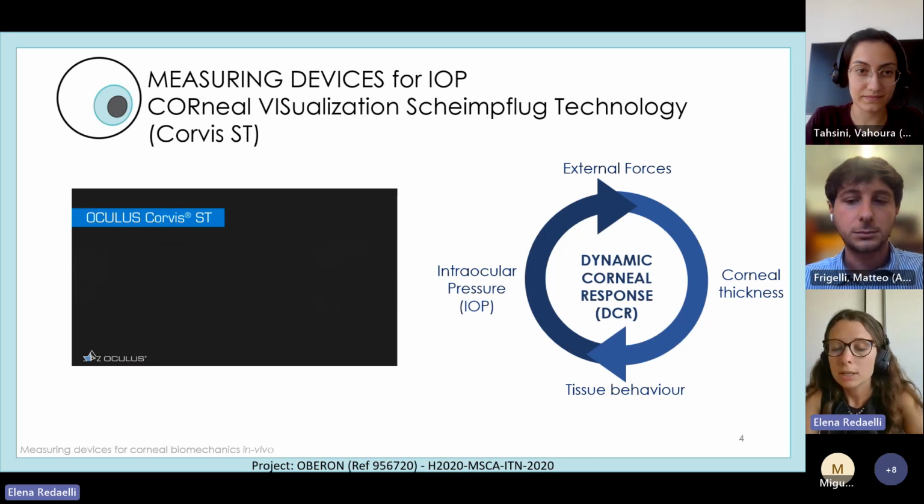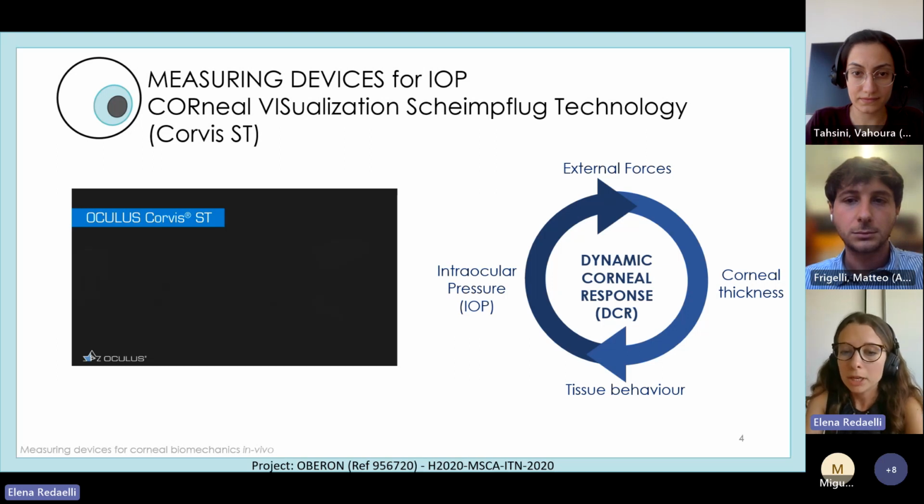But as I was anticipating, this deformation is the result of the coupled effect of the external force applied, that in the case of the Goldmann is the force of the probe, and in the Corvis it is the pressure of the air jet. The intraocular pressure, because varying the intraocular pressure, the deformation is different, but also there are two other factors that are the corneal thickness and the corneal tissue mechanical properties that influence this deformation.